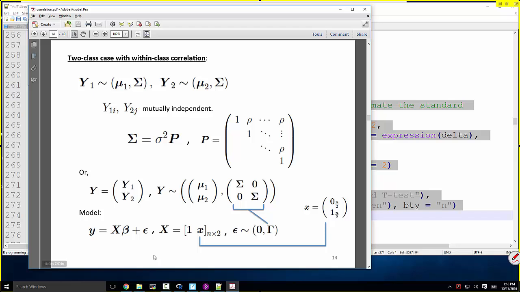Let me just illustrate how we can go from this kind of scenario to a regression model, because we want to keep getting back to regression models. Very useful representation of data.